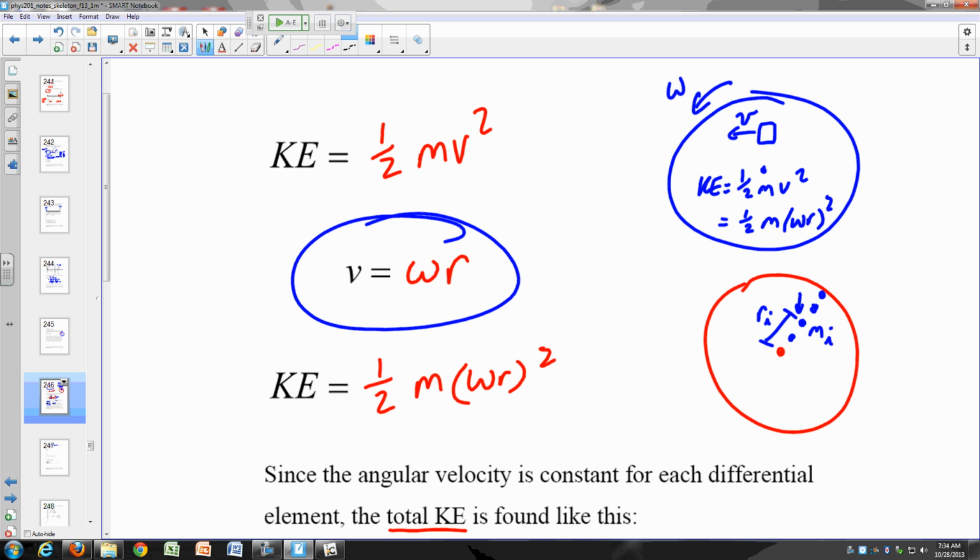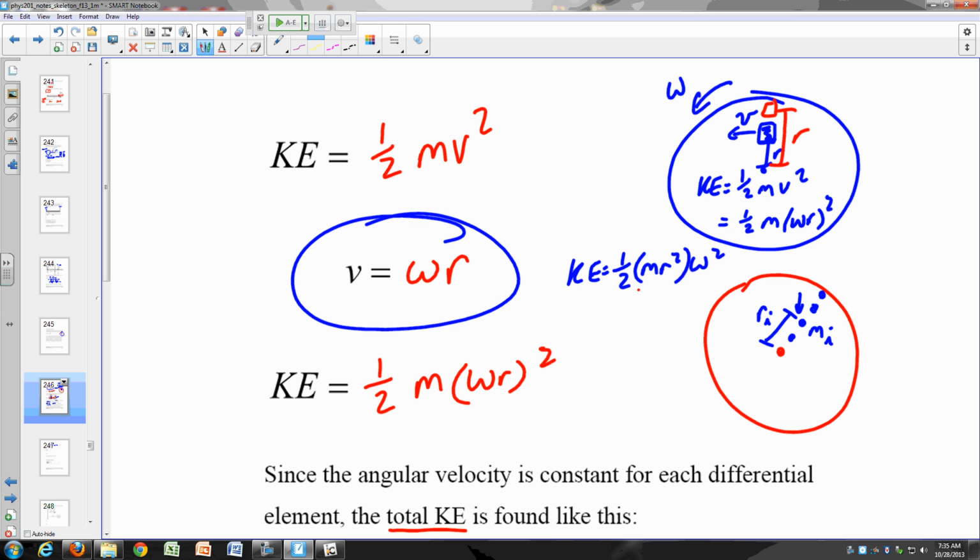which I can rearrange, and I get an expression for its kinetic energy: 1/2 m r squared omega squared. Now that m r squared is going to be different for every little piece in this disk, because if I have this piece, it has a certain radius, but if I pick another piece, say up here, it has a different radius.